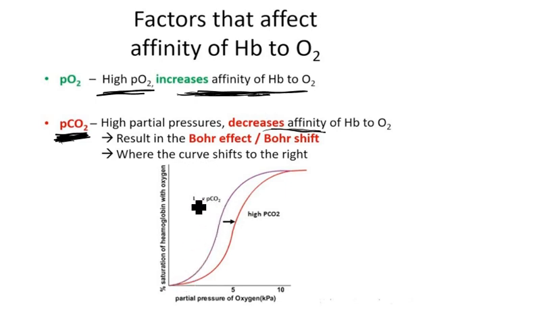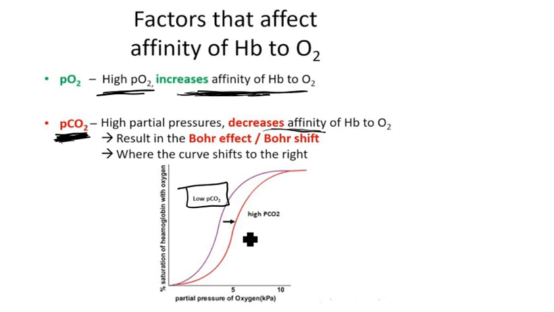Now look at the Bohr shift. There are two lines here. Here we have low PCO2, that is, low pressure of carbon dioxide. When the pressure of carbon dioxide is low, this is what you get. But when it's high, it will cause a shift from where it was before to another line.